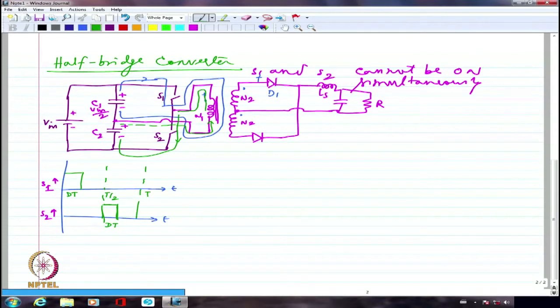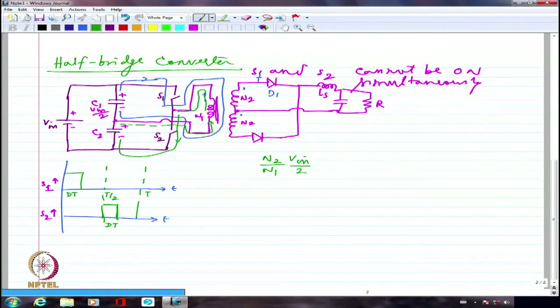So we are essentially looking at these as the voltage. If I look at what is the voltage here, it will be N2 divided by N1 multiplied by V in divided by 2. That is what is coming up as the voltage when any of the switches is on.